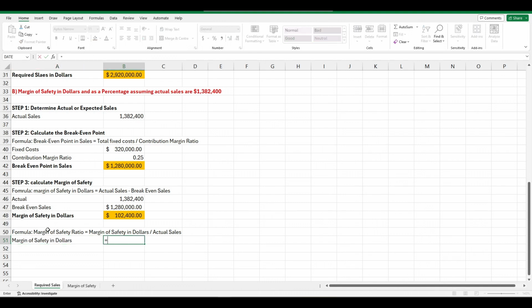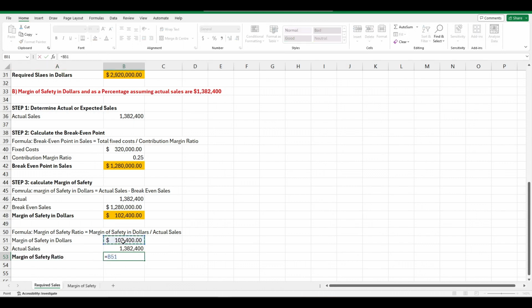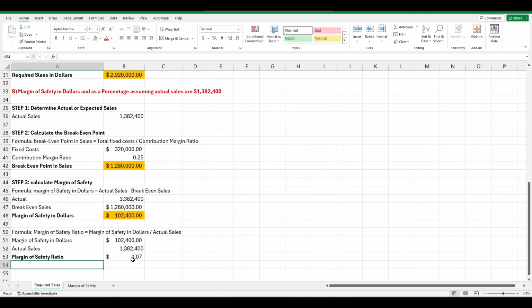The margin of safety in dollars is what we just calculated, and our actual sales is equal to that in the beginning. So our margin of safety ratio is just the margin of safety in dollars divided by actual sales. You can see 0.07. So that's it for this question.